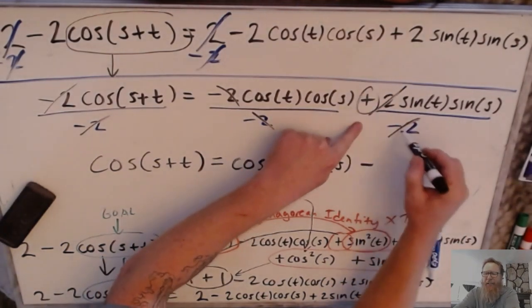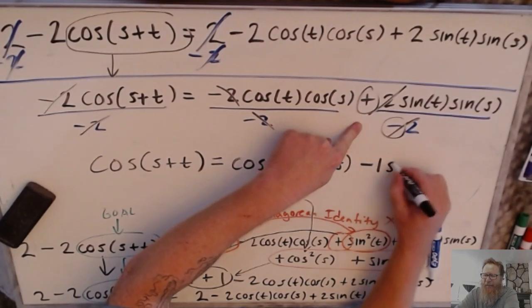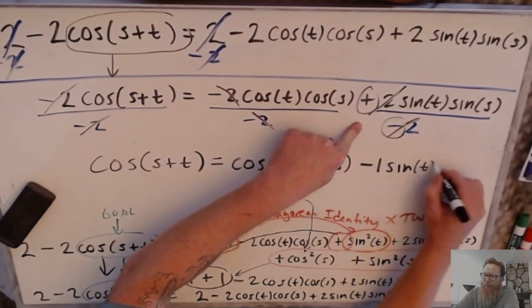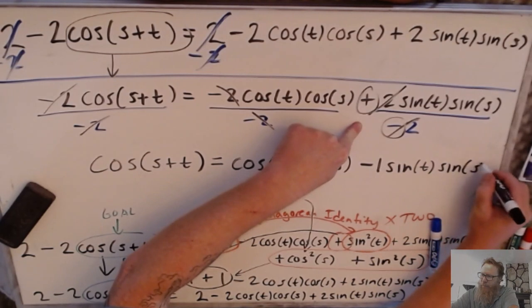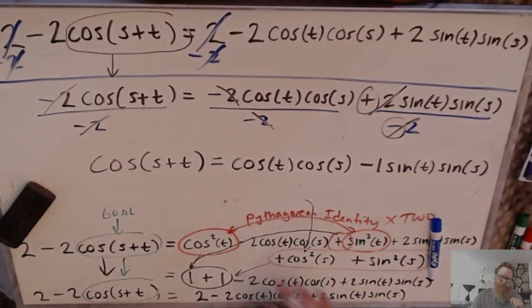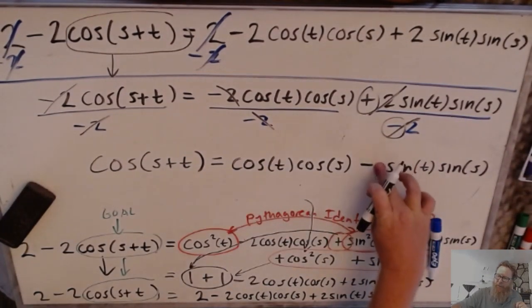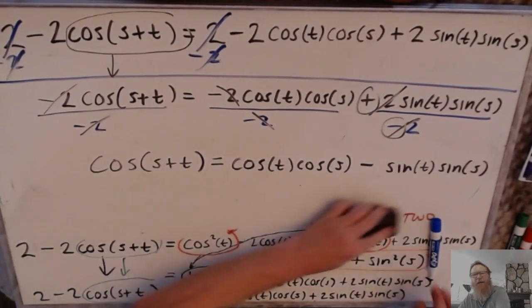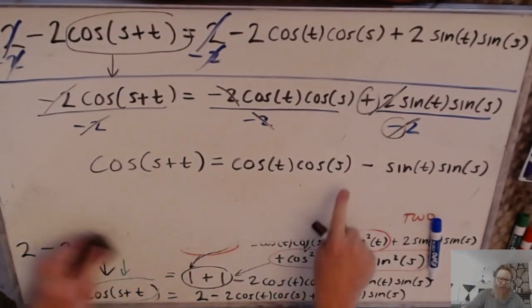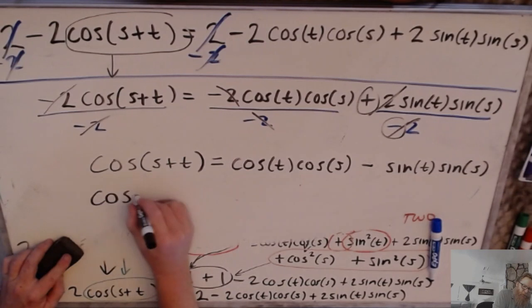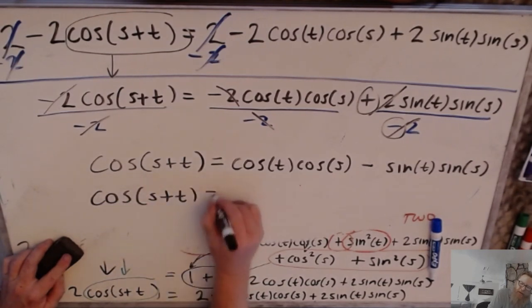Technically, so you have a positive and a negative. So technically, this is a -1. I don't typically write the -1. Just write negative. And I also like to put it back into alphabetical order just because it's easier to memorize that way.